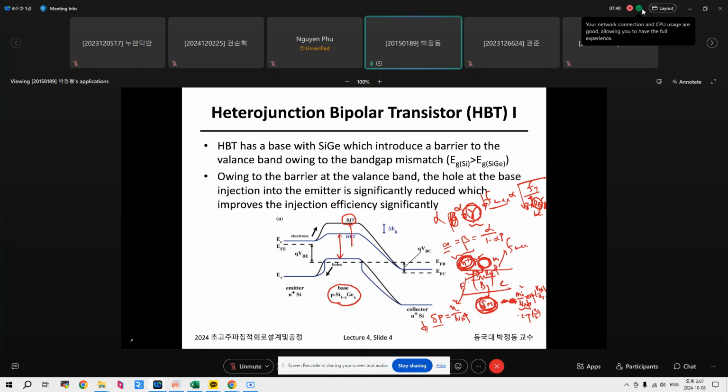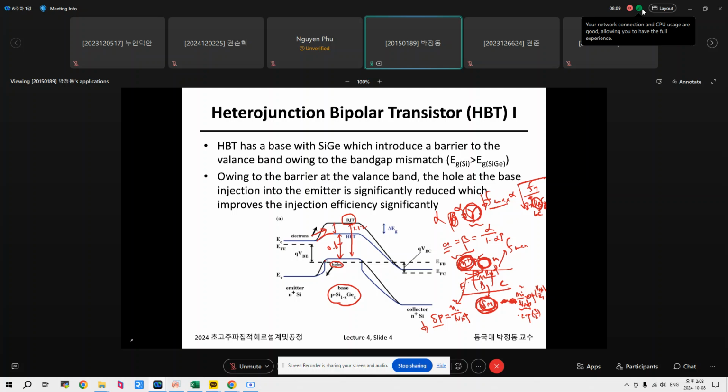This is 1.12, and this is 0.6-something, much smaller. That means the slope over here is reduced, which means emitter injection efficiency is improved quite a lot.